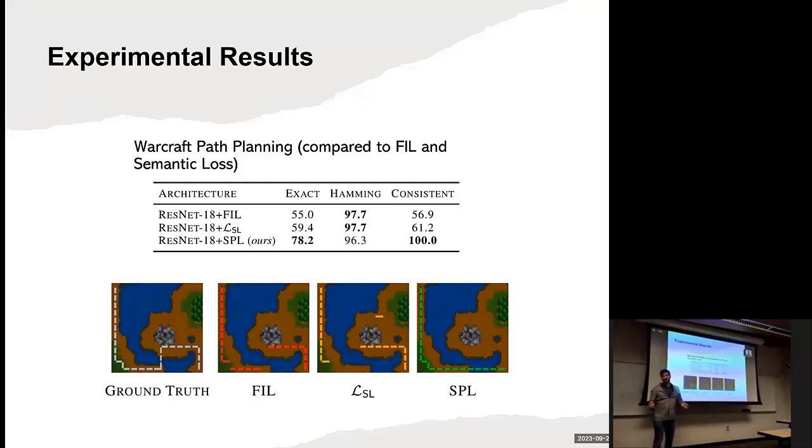But what could happen there is a huge number of the paths in the test set could be off by a little bit, and it could cause the Hamming distance number to be inflated. So even though they don't do as well on that, for exact match they do better, and they're giving actual paths 100% of the time.